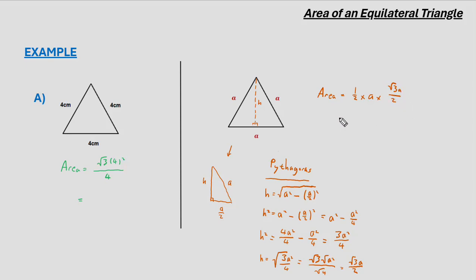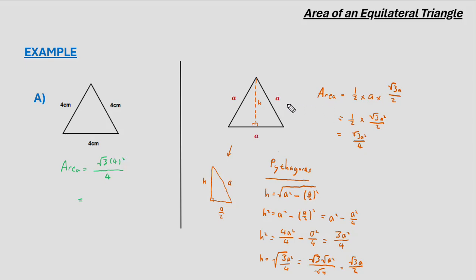So if we multiply this out, we have a half, and we multiply here, it's root 3 a squared over 2. If we multiply again, it's root 3 a squared over 4.